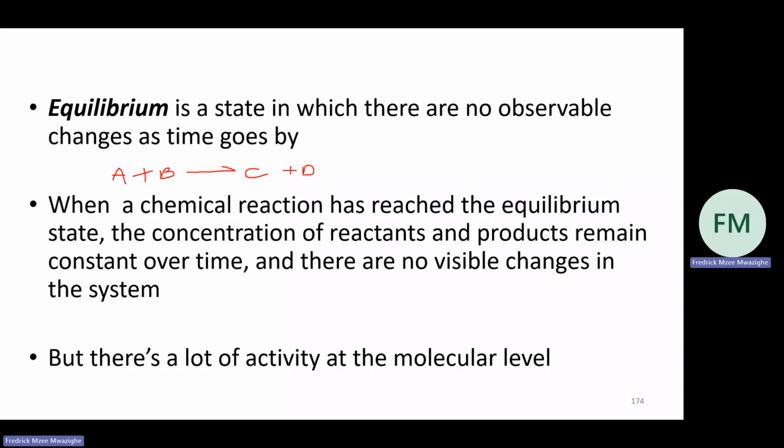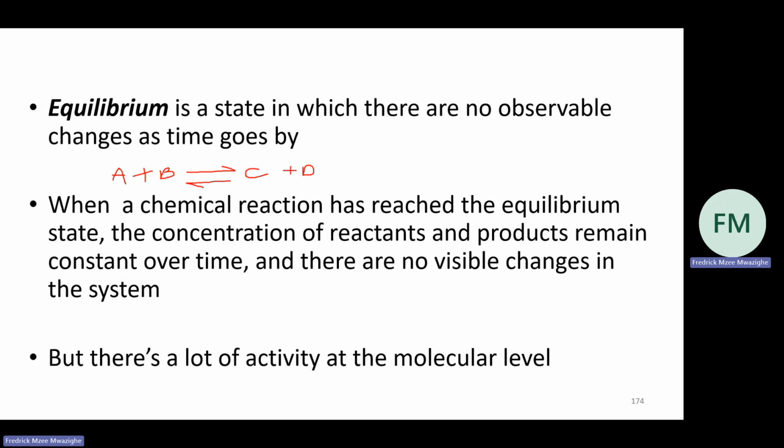For a reaction that is one directional, the reactants react and give the products, okay? But for reactions that are reversible, we have the reverse reaction taking place here. So we have A plus B reacting to give C plus D, and then C plus D reacting to give A plus B. So it's giving A and B, okay?